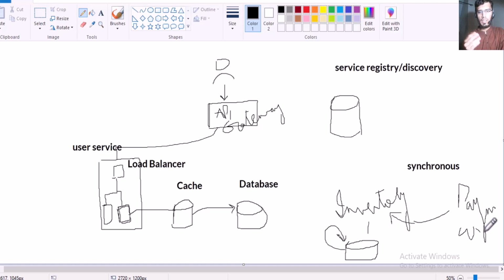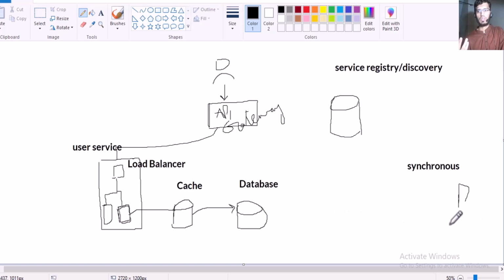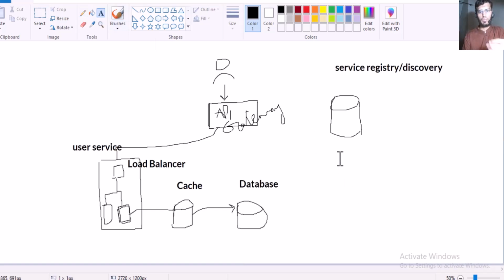With synchronous communication, one service has to wait for the reply from another service. So it is kind of a block. To avoid this, we usually adopt asynchronous communication, and also it is a good practice because it helps in reducing the coupling between different services.